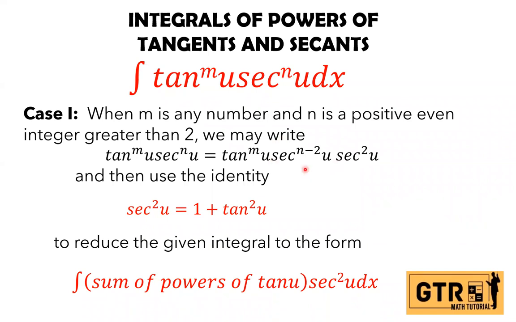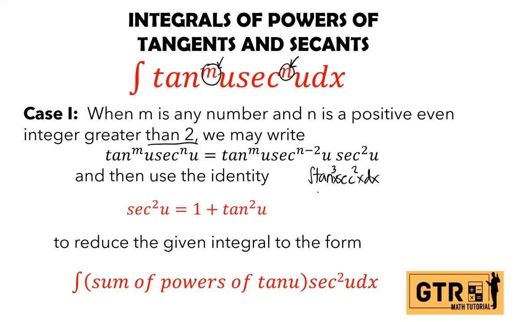So what will happen if the exponent is 2? We have a condition, a positive even integer greater than 2, because if the value of n is 2, we can simply solve this. For example, if m is any number, say tangent cube, and the exponent of n is just 2, secant square x dx, we can solve this using the u to the n du.